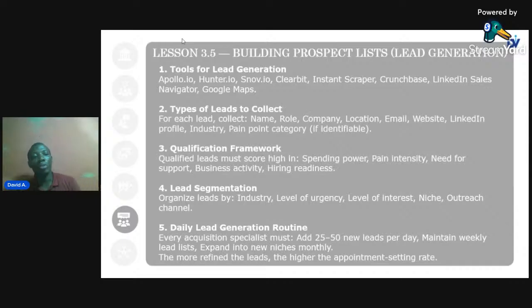Organize your leads by industry, level of urgency, level of interest, niche, operation, and the outreach channel.